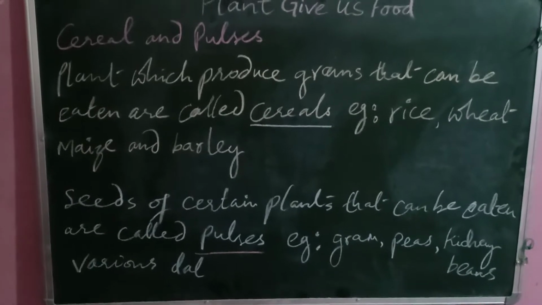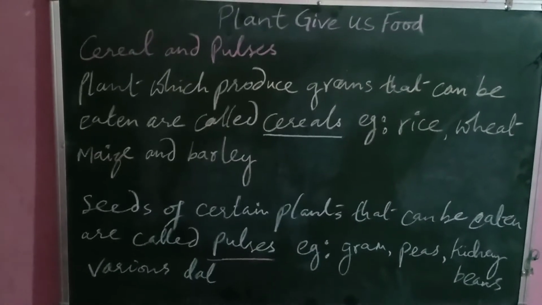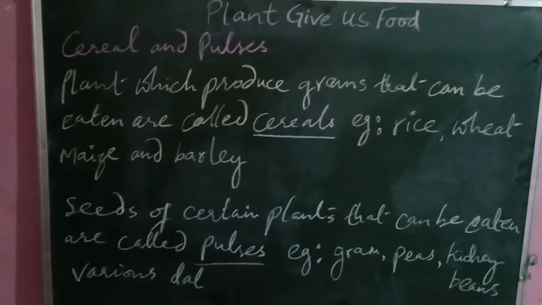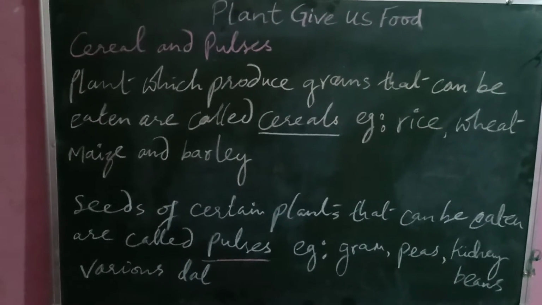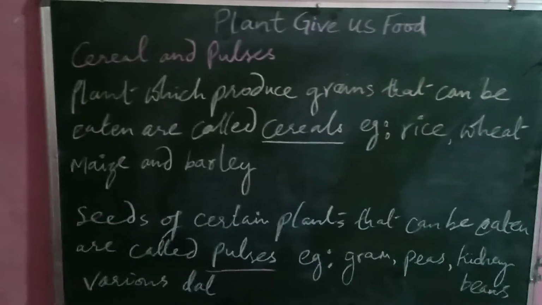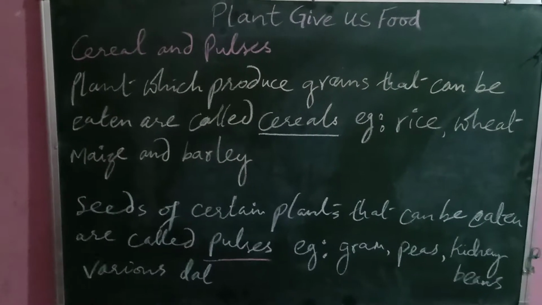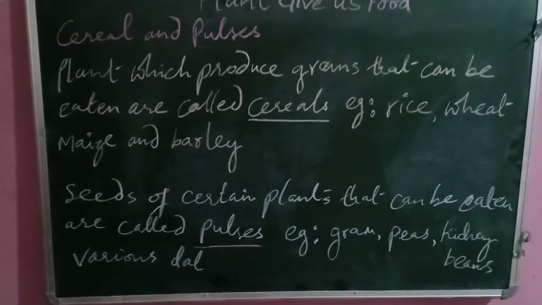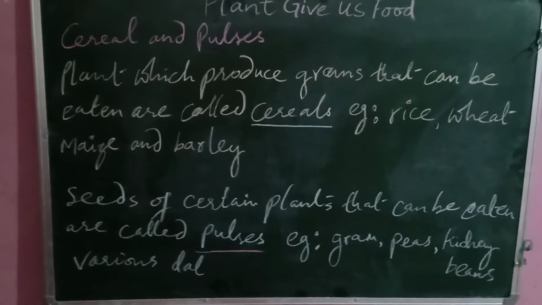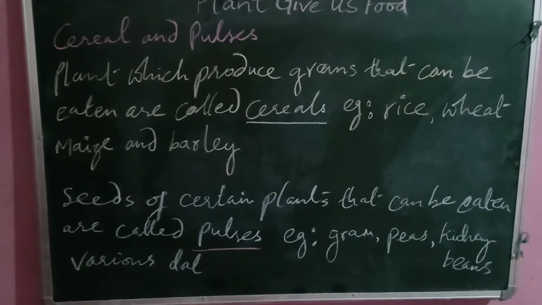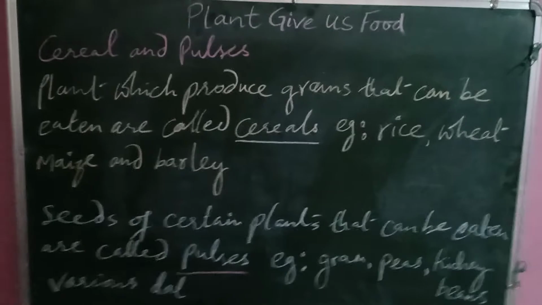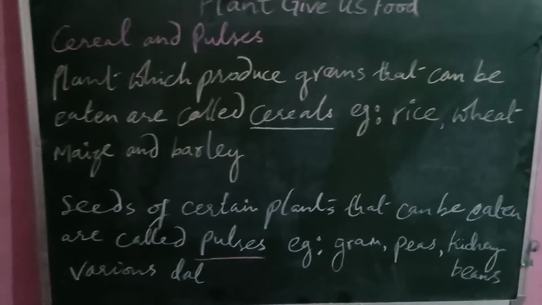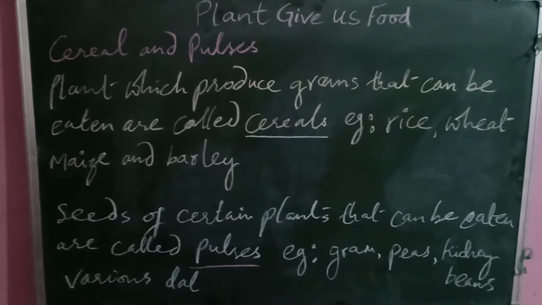So coming back to the next topic, which is cereals and pulses. These are two different things that we also eat as food. Plants which produce grains that can be eaten are called cereals. Examples: rice, wheat, maize and barley. You might have noticed that these plants can also be in powdered form.